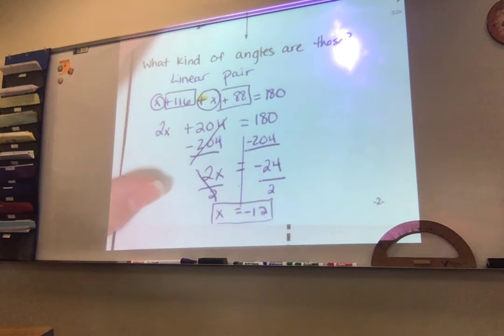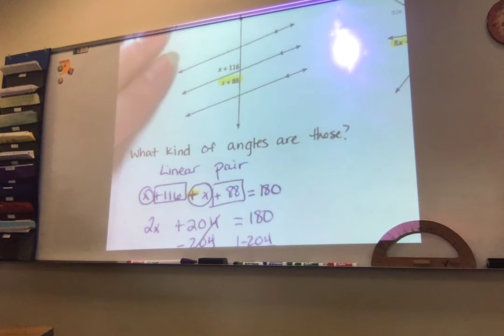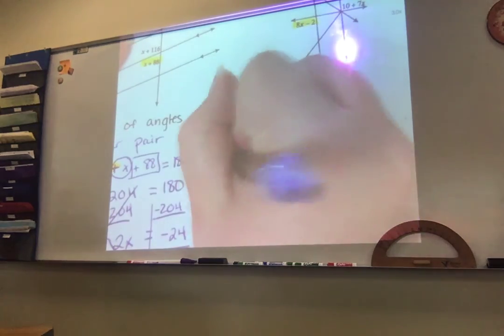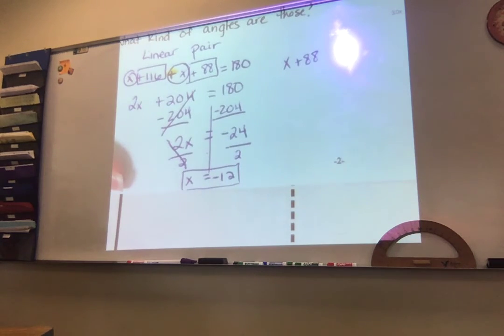Am I done? No. Which angle do I need to solve for their degree? X plus 88. So I'm going to write x plus 88 over here. What's going to change? The x is going to turn to negative 12. Beautiful.